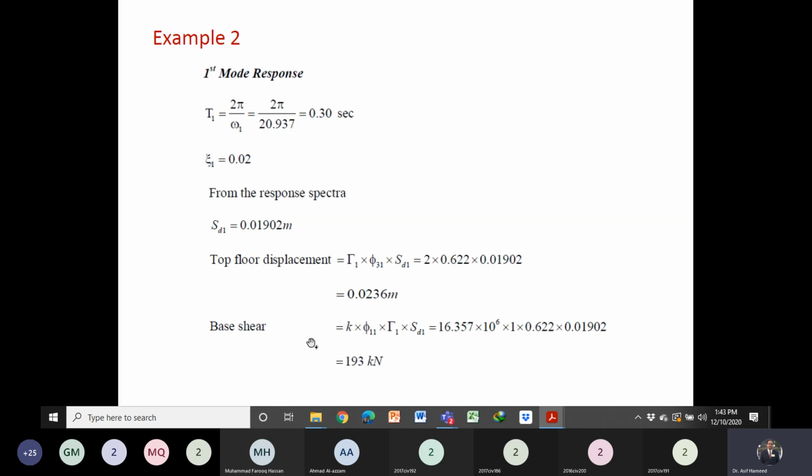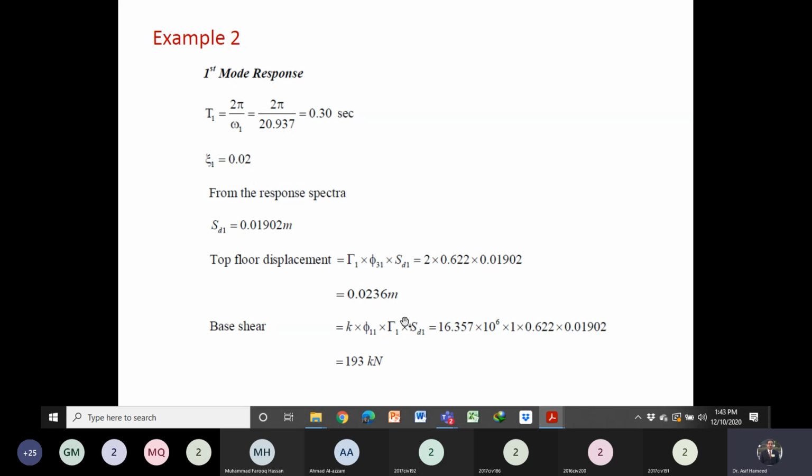Similarly, what is the base shear if it is a single degree freedom system? What is the formula of base shear? We discussed it in the last lecture. So m times a, or k times, sorry, stiffness times the displacement. Yes, that's right. Mass times acceleration or stiffness times the displacement. So again it's the same.